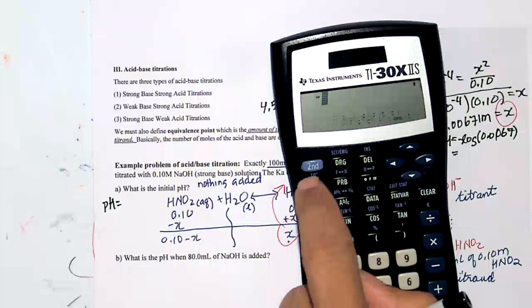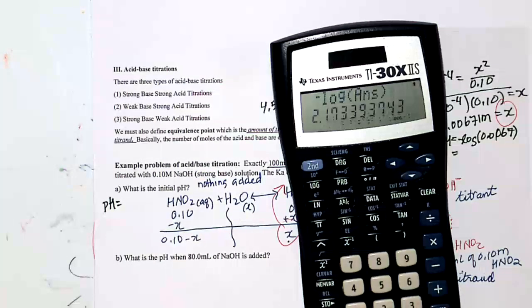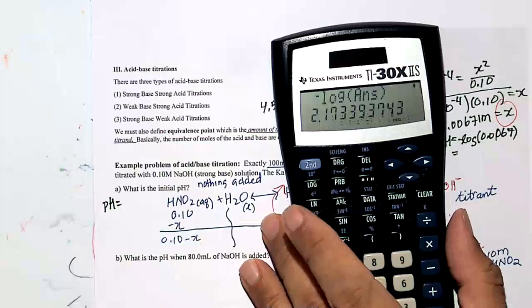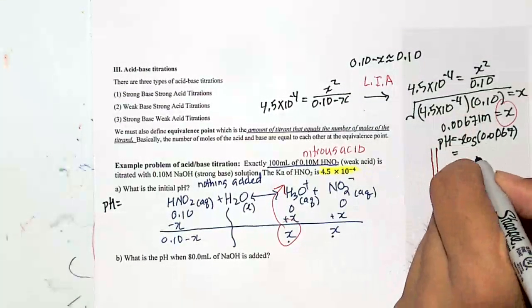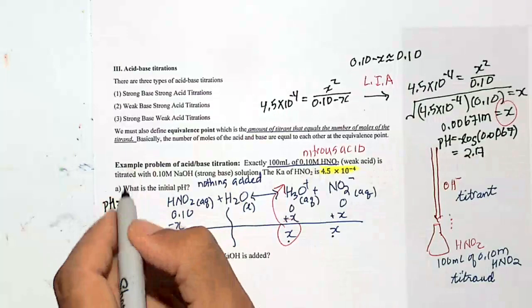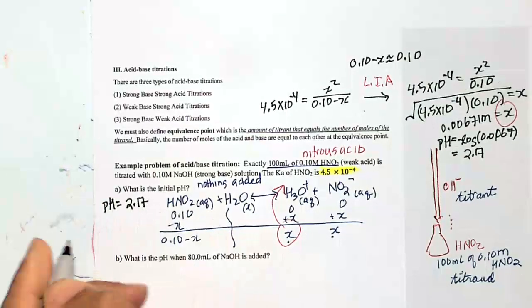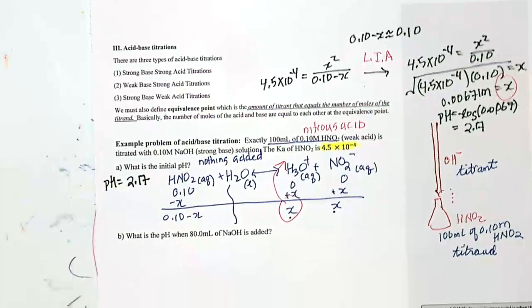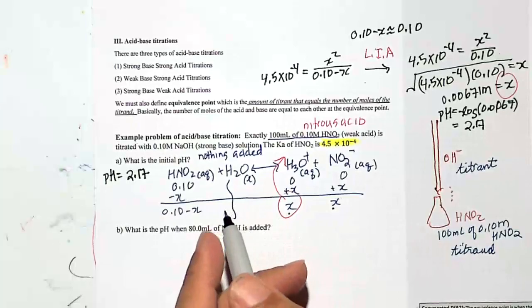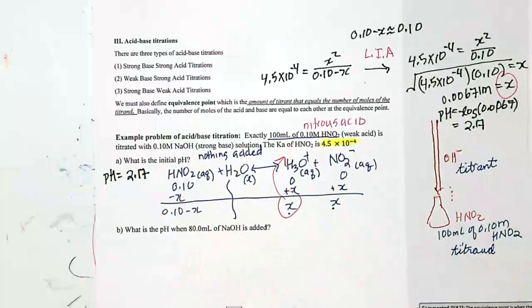And what is that on our calculator? 2.17. Alright, so that's part A, where nothing is added.